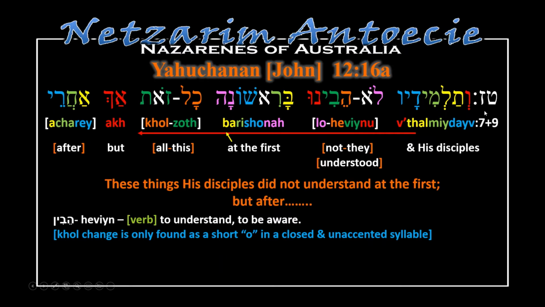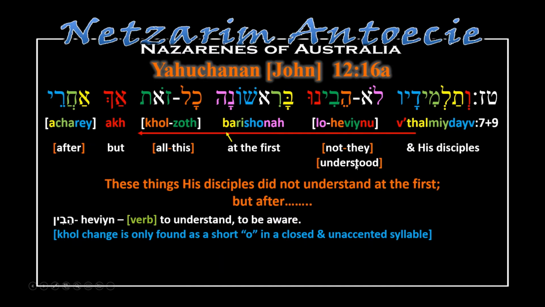So let us begin reading. And it is V'Talmidayev. Talmidayev, which means, because we have Talmid in it, which we know is disciple, so therefore, and his disciples, it's plural, because of the Yod there. And then we have Lo, not, Hevinu.